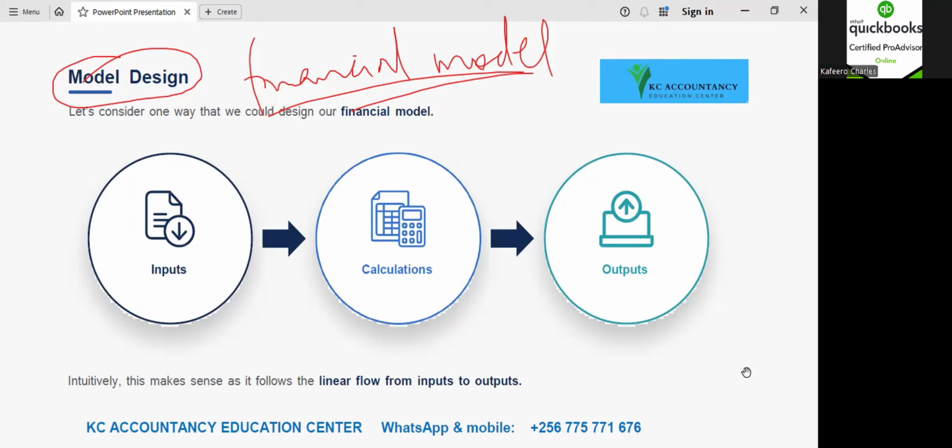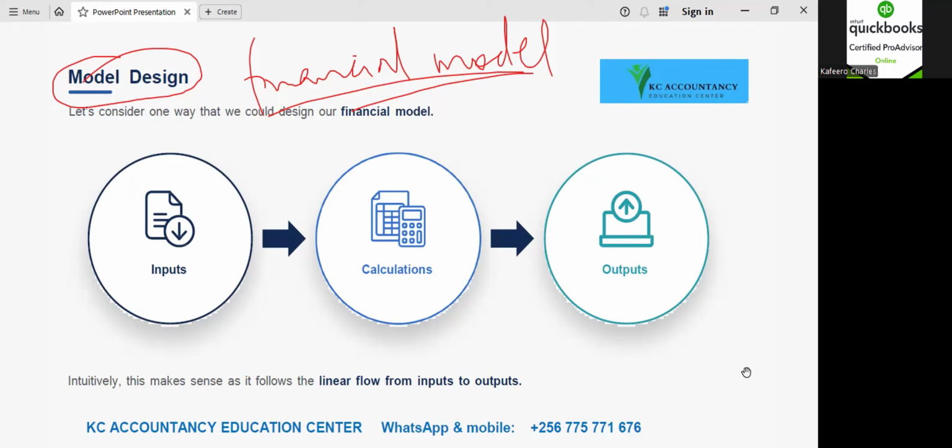They just rush into the process of building the model. And here at our YouTube channel, we like to be really thoughtful and intentional about the model design.